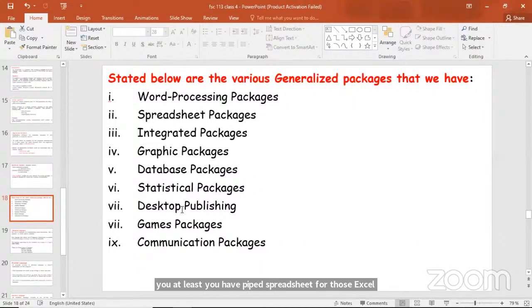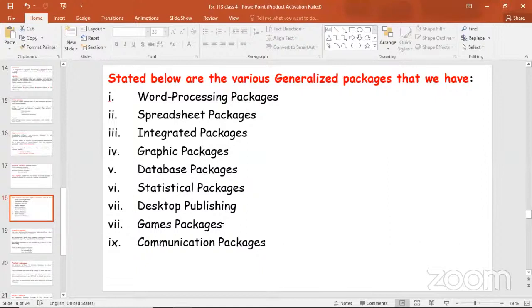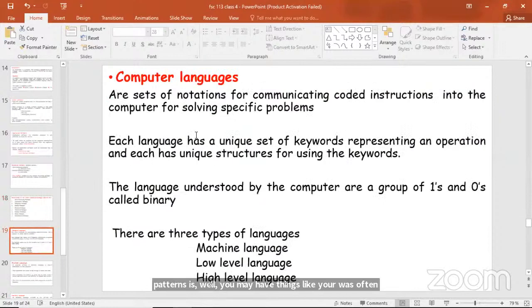Graphics, for those who draw. Databases, SQL Server, and a host of others. Statistical packages, SPSS. Desktop publishing, game packages. I'm sure most of you will be interested in game packages. You like to play games then. Communication packages, well, you may have things like your WhatsApp and others.